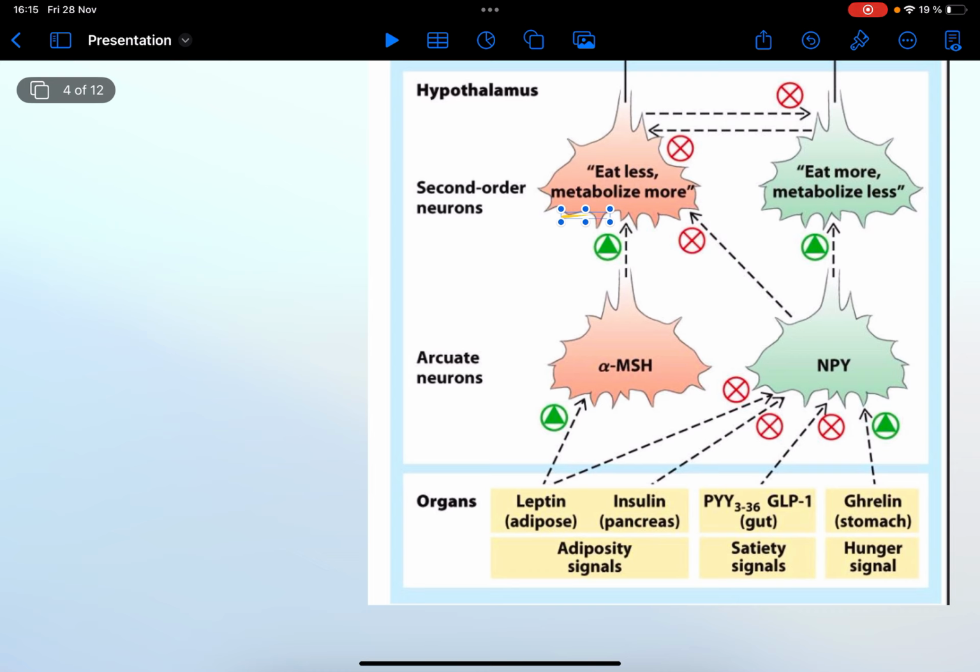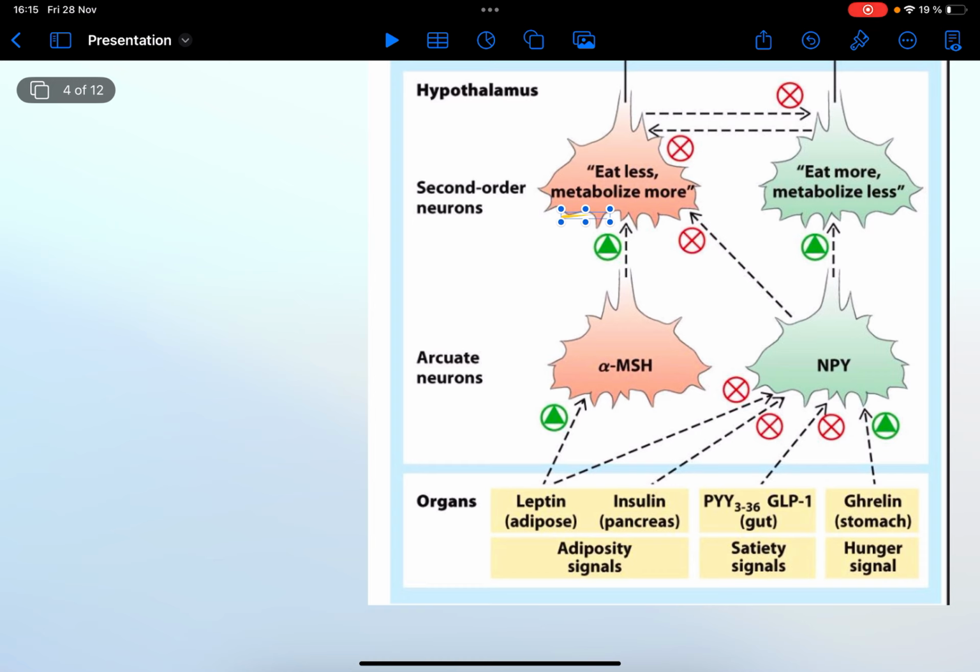Also, other hormones that affect neuropeptide Y and alpha melanocyte are insulin, which will inhibit the neuropeptide Y, and also PYY and GLP-1, glucagon-like peptide 1, which would also inhibit it.